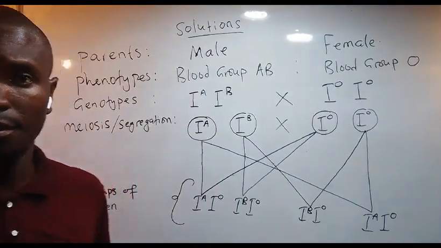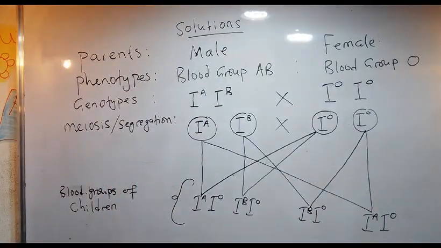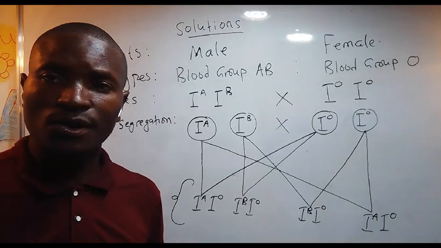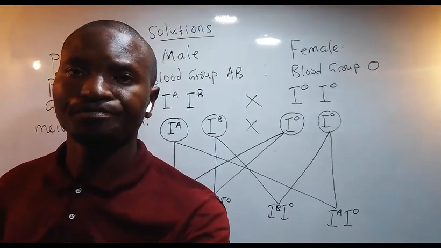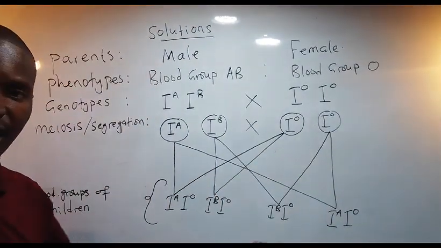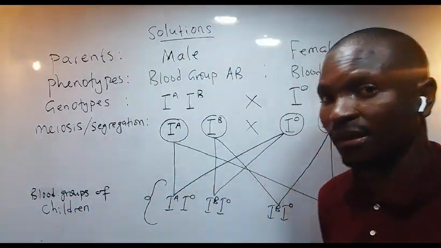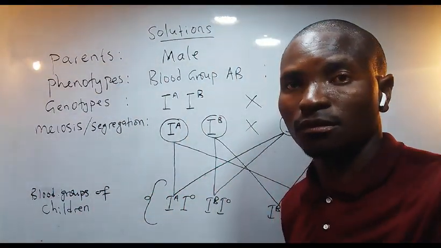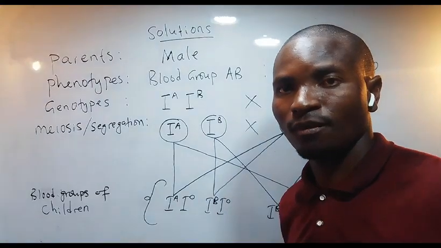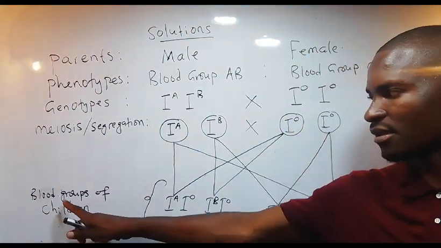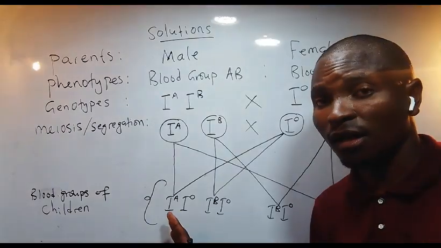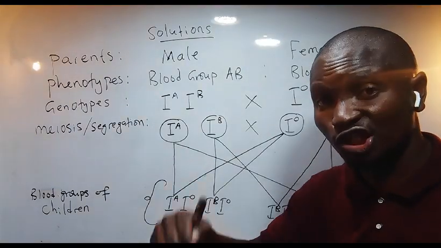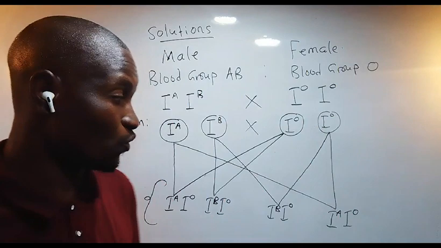So now, as you can see, we have determined the result: the blood groups of our children, or you can call it the genotypes of the children.